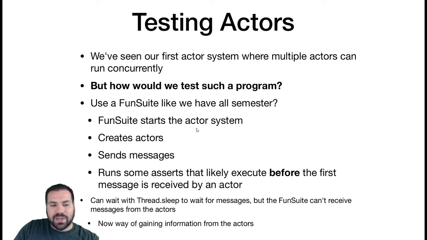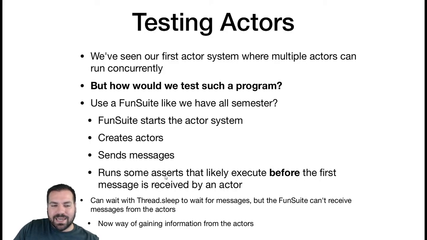These messages have to go in, the system has to process them, get to the right actor, give that actor a thread to work on, whereas our unit test just has to go to the next line and evaluate a Boolean expression and check whether it's true or false. The assert's probably going to execute before any messages are received.